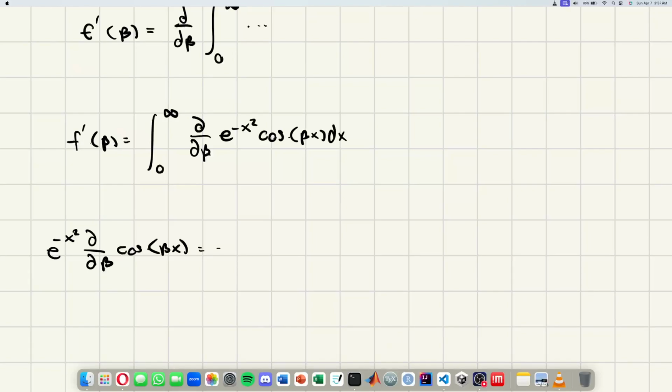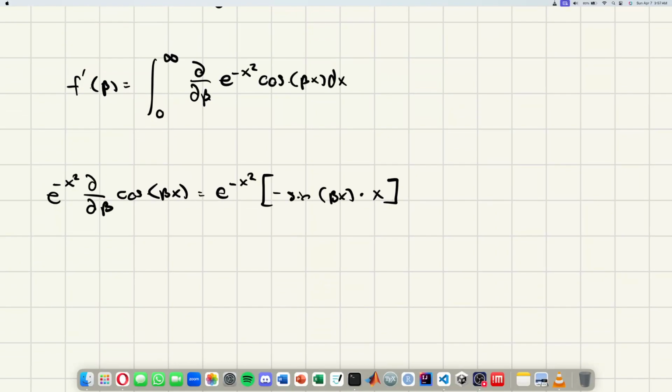This is just going to be a very simple chain rule. So we're going to have e to the minus x squared. So we want the derivative of the outside times the derivative of the inside. So the derivative of cosine is negative sine. We still leave the inside the same, so beta x, times the derivative of the inside, which in this case is just going to become x, because we're differentiating with respect to beta.